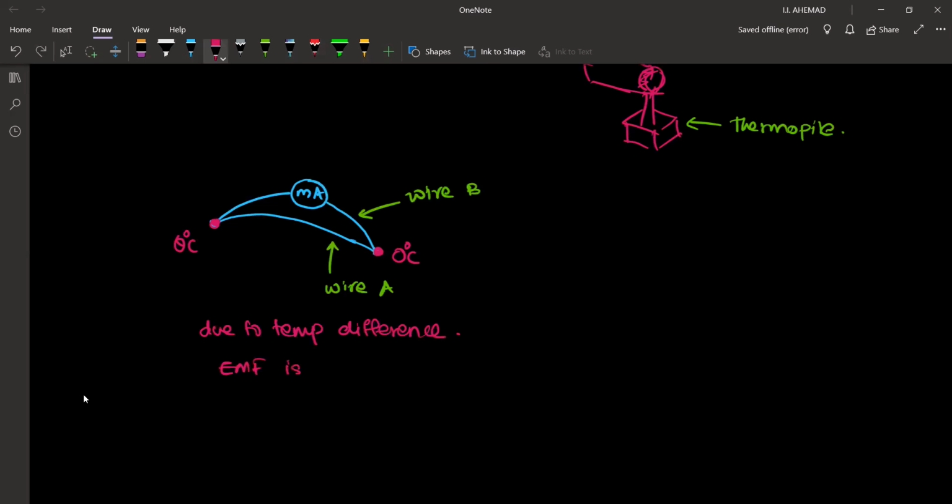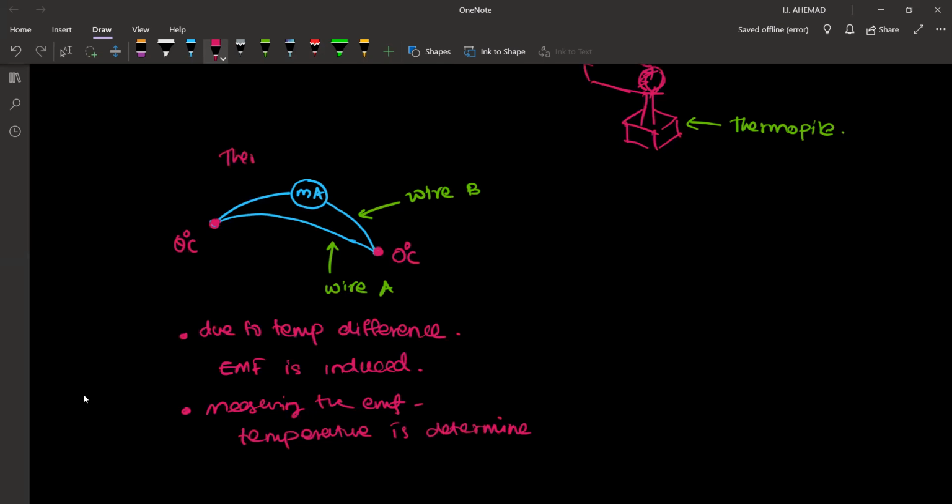By measuring the EMF, the temperature is determined. Now, this is a single thermocouple.